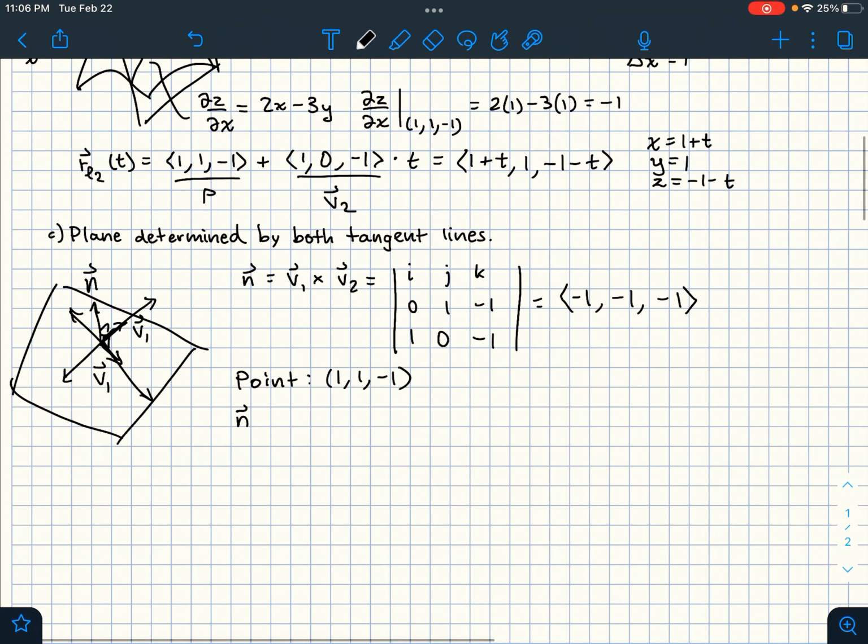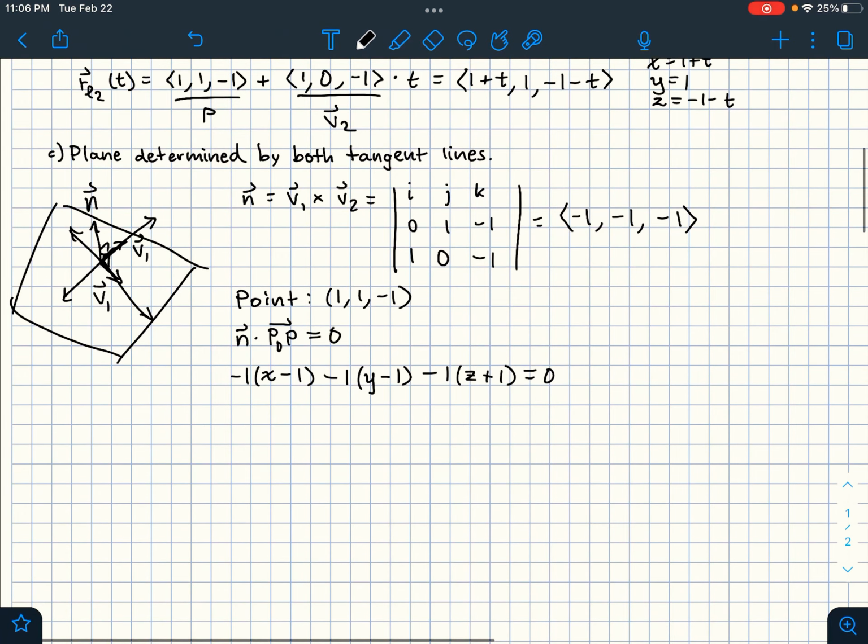And from our definition of a plane, we can construct the equation of a plane, which is -1 times x minus 1, -1 times y minus 1, -1 times z plus 1 is equal to 0. And you can simplify that as much as you want.